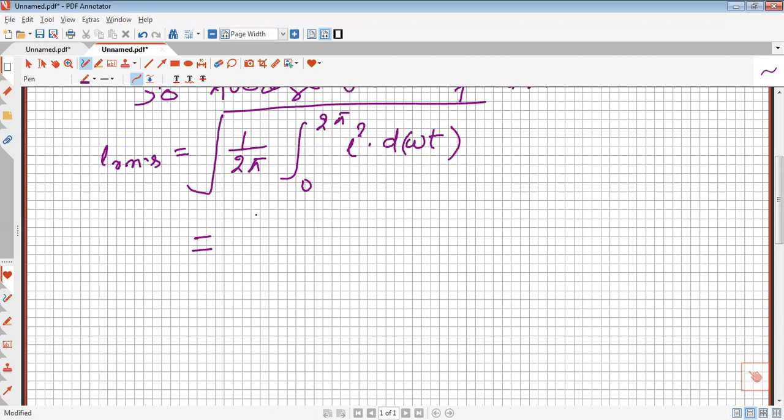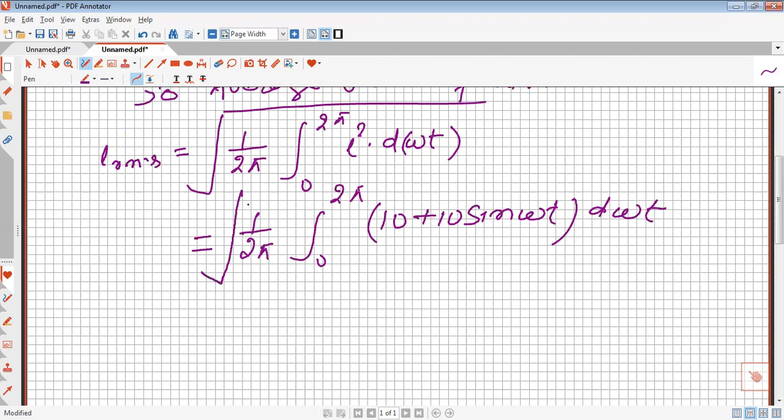So putting the value, 1 by 2 pi, 0 to 2 pi, I value is 10 plus 10 sine omega t, d omega t, and then its square root. Now we have to solve it. Here it is a square.